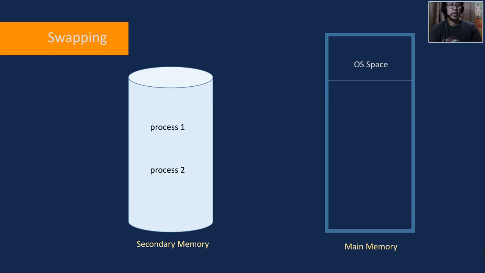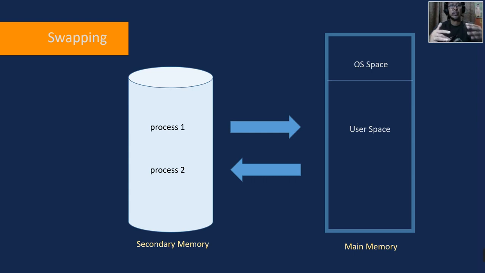It's only for the OS. And then the rest can be used by the user or by the programs that you execute. So basically what happens here is swapping from one memory location, or one memory system, to the other. That's how it works.